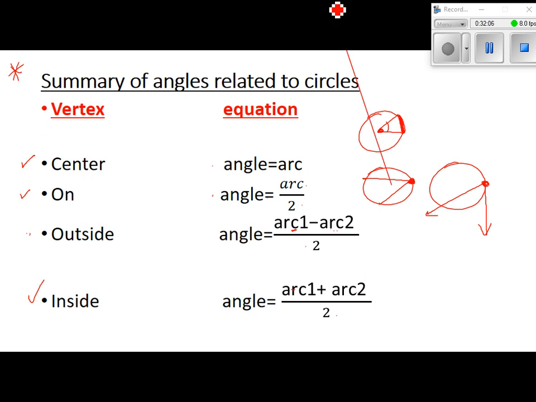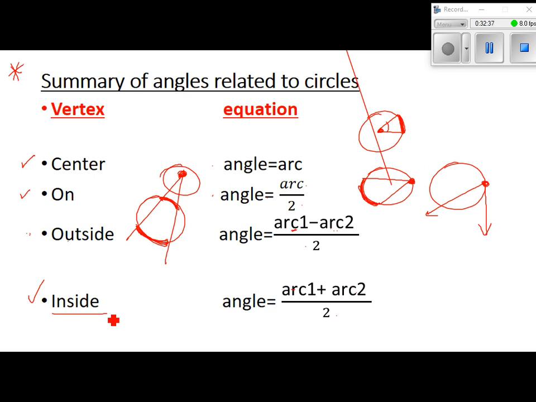The angle is half whatever arc it cuts off. Outside the circle, there are a bunch of different ways it could look, but if the vertex falls outside the circle, you take the bigger arc, subtract off the smaller arc, divide by 2, and that's going to tell you the angle measure. Again, this is probably the most important thing for the assignment.